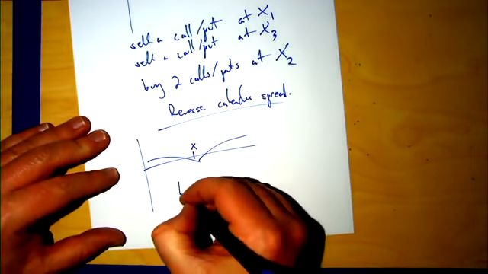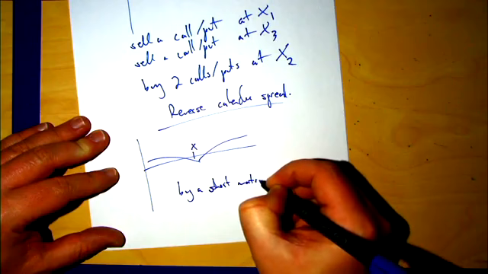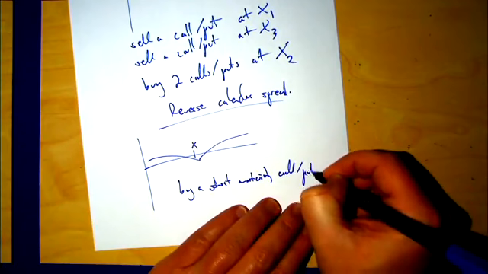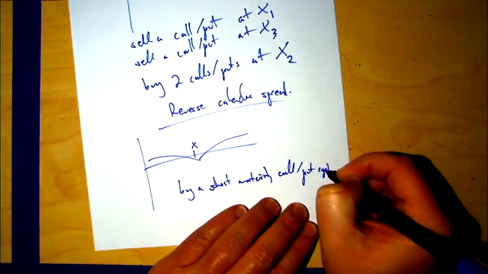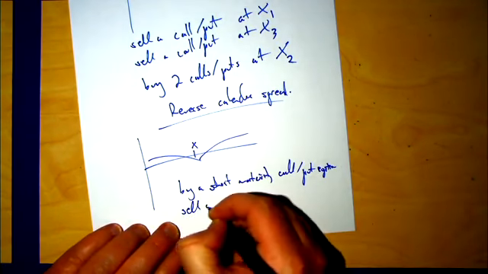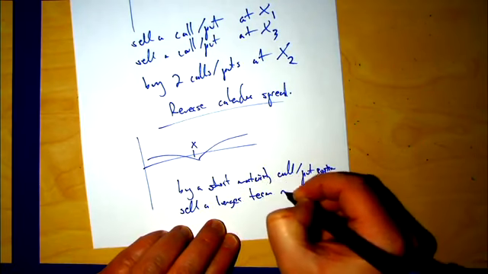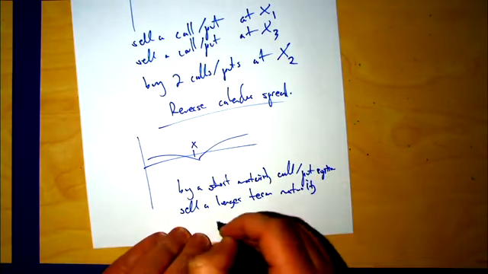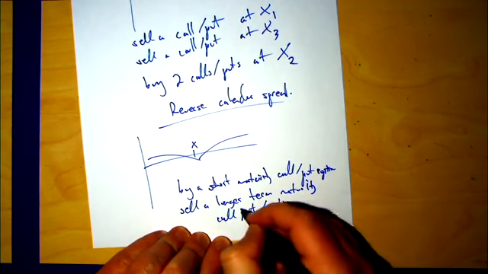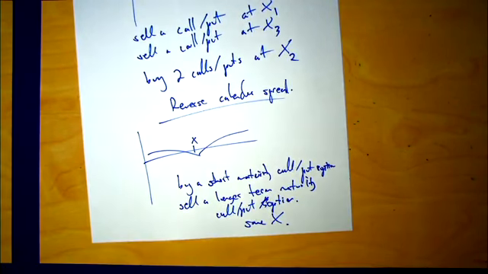Okay, you buy a short maturity call or put option, and you sell a longer term maturity call or put option, and they both have the same exercise price.